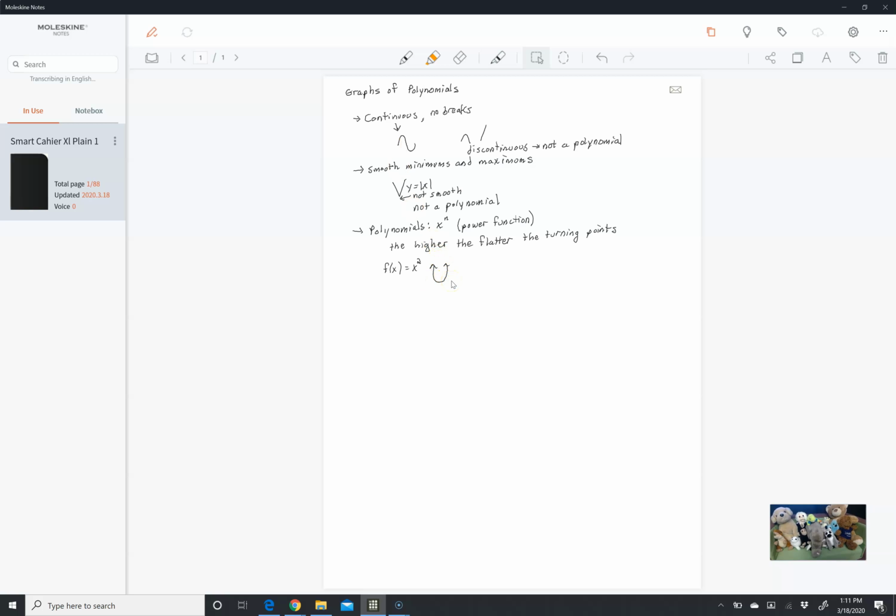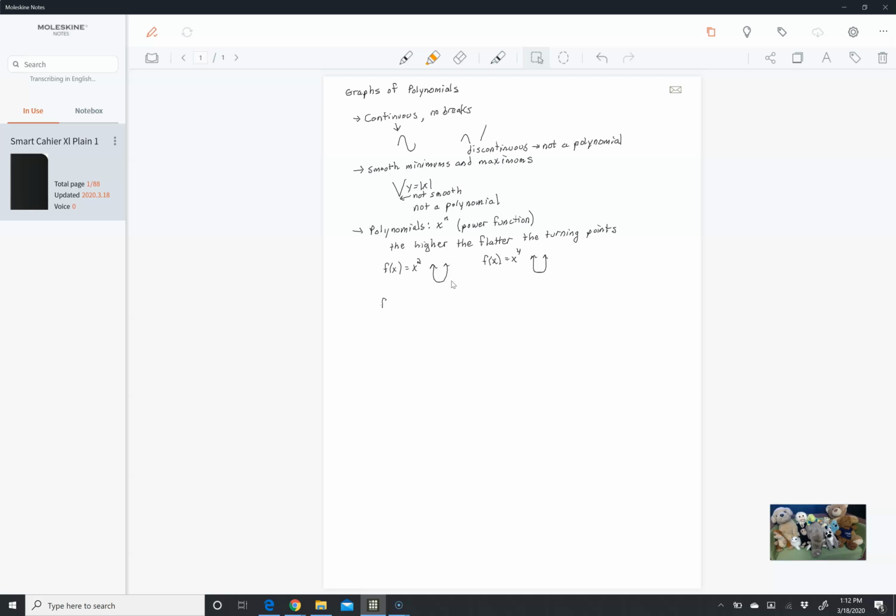If we have f of x equals x to the fourth, it starts to get flatter. And if we have f of x equals x to the sixth, it's even flatter. I'll show you what that looks like in Desmos in a second.